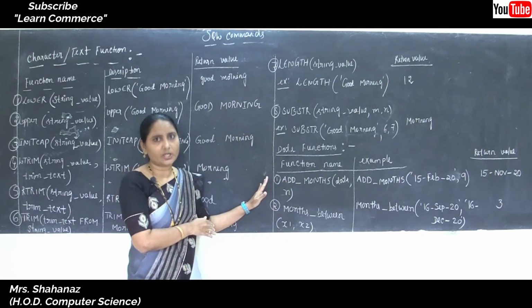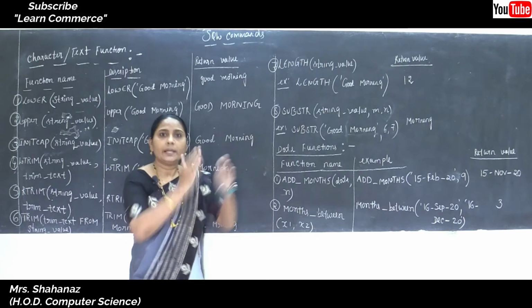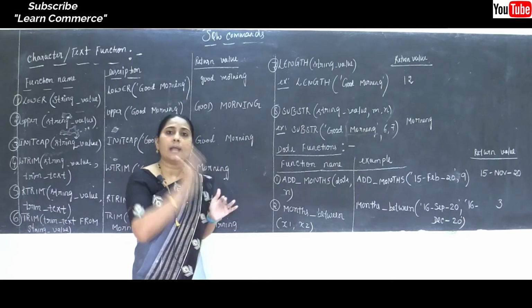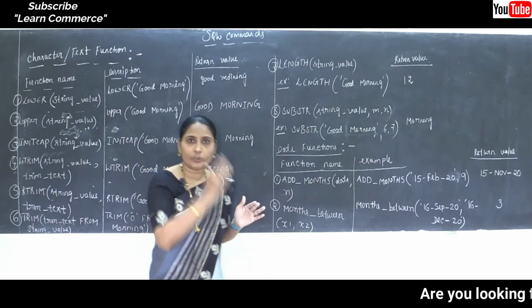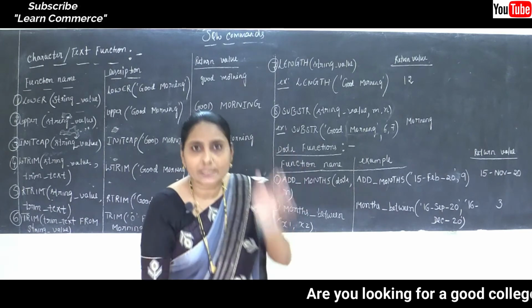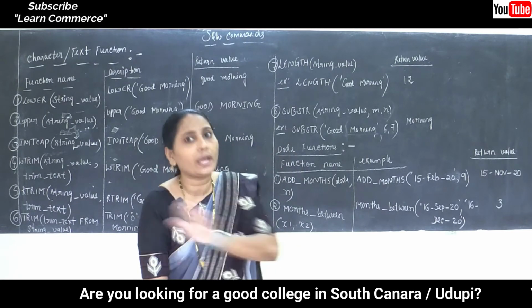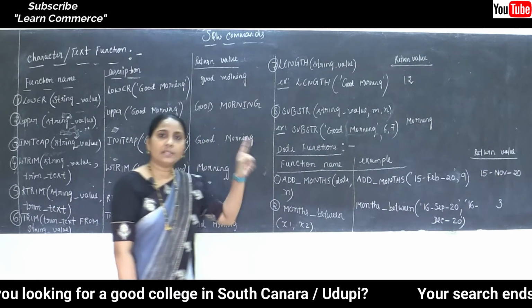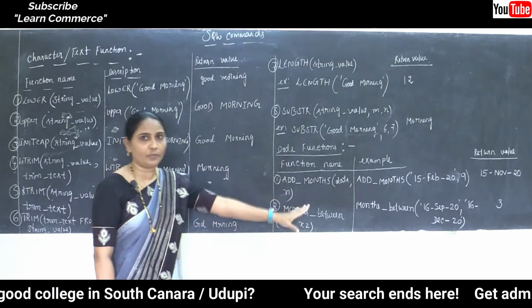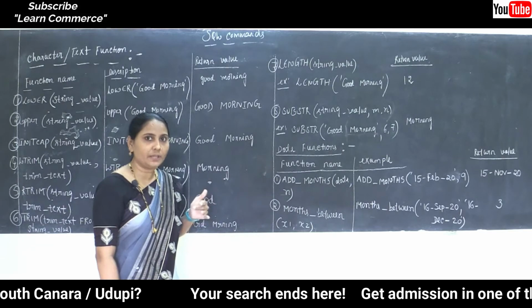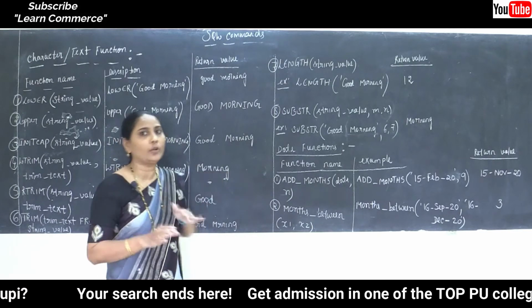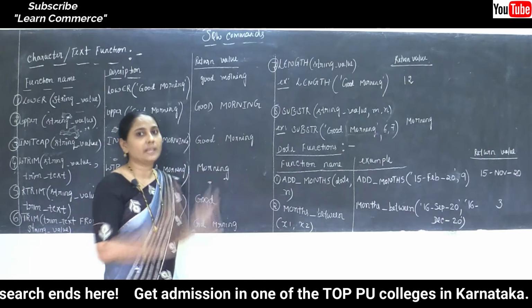Clear this point here? The date functions accept input in date form and return a date only, but the function MONTHS_BETWEEN accepts date values but returns the output as a number.